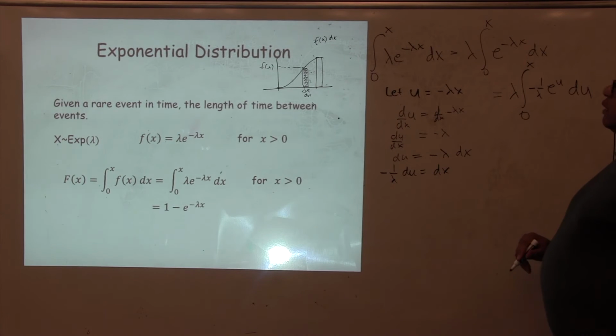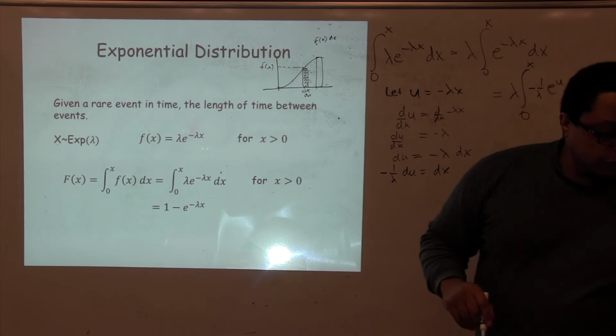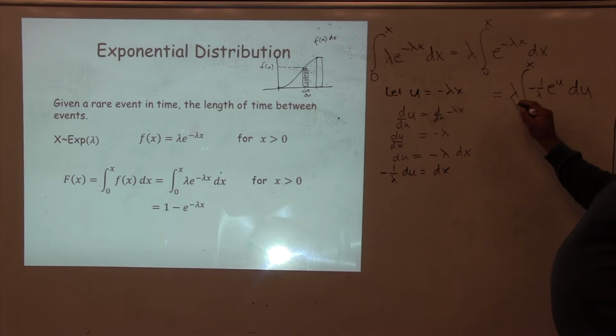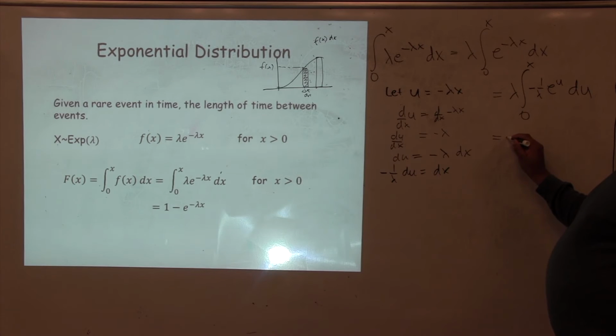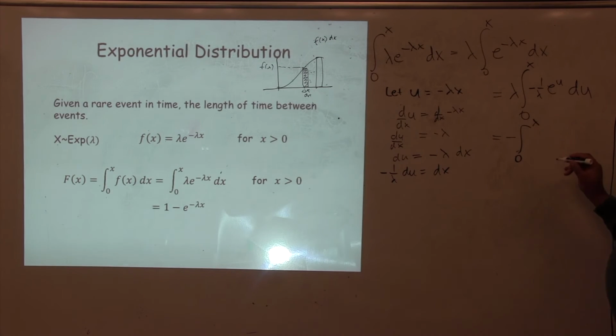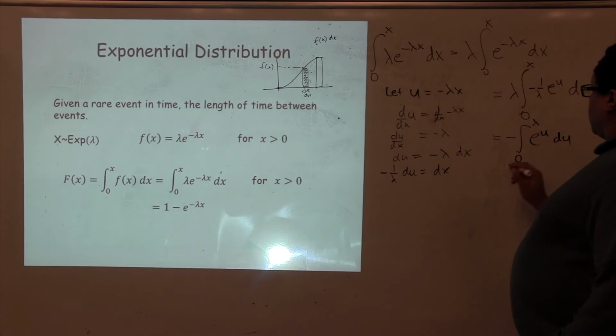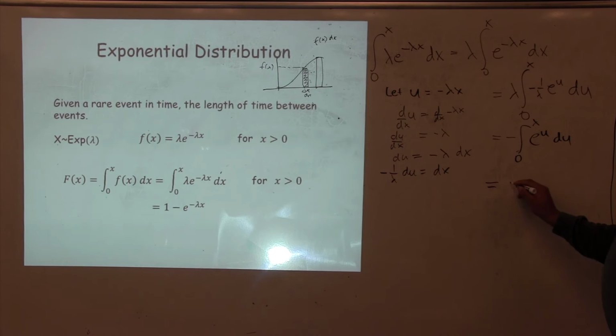Let's do a little bit of algebra. I have a 1 upon lambda, I have a lambda, and a minus sign, that's just equal to minus 1, from 0 to x, and I have e to the u du. The integral of e to the u du is just e to the u. So our result from that is just minus, because we have that minus sign, e to the u.